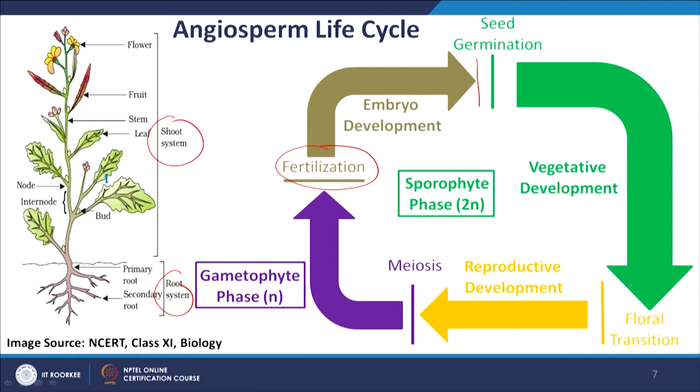Then, at a certain time point, there is a phase transition called the floral transition, where the vegetative phase is converted into the reproductive phase. During the reproductive phase, reproductive organs like flowers develop, and in the flower there are sex organs, basically anthers and carpel, where the gametophyte phase is restricted in angiospermic plants.